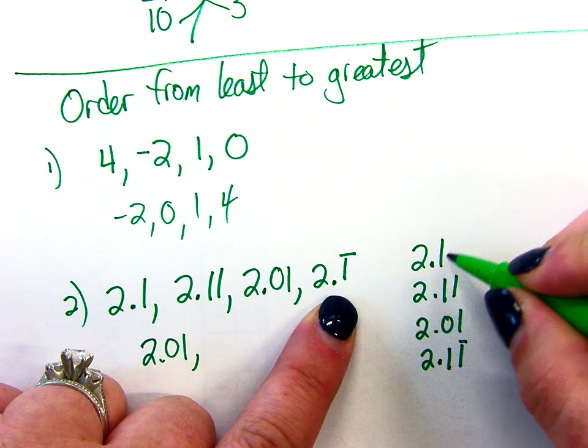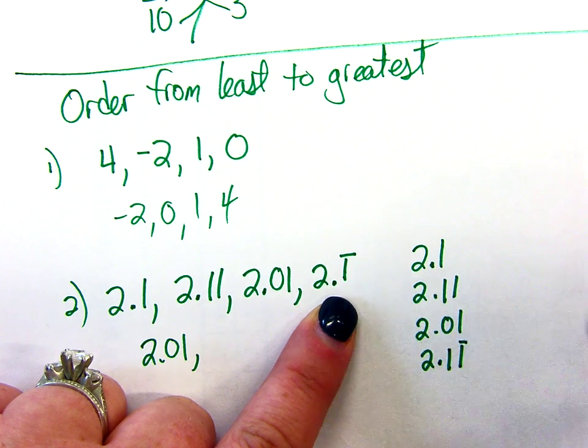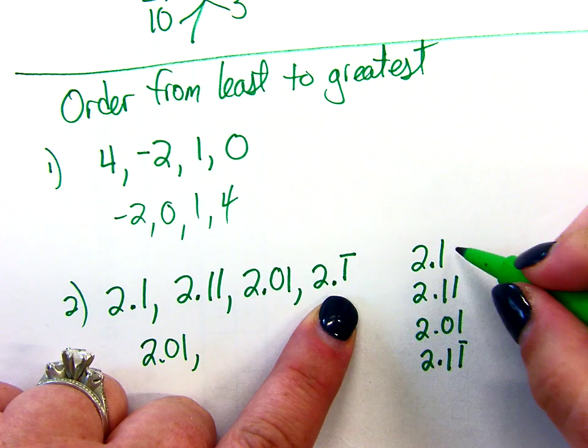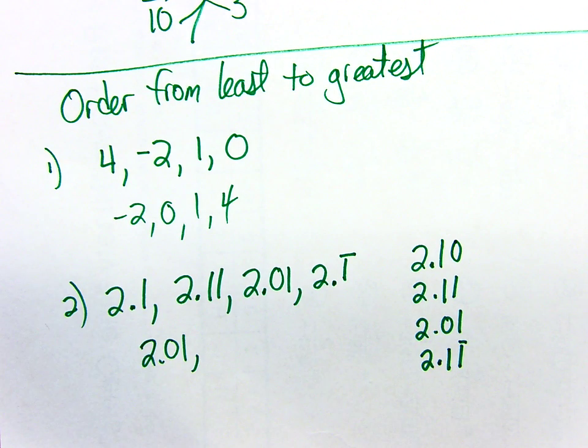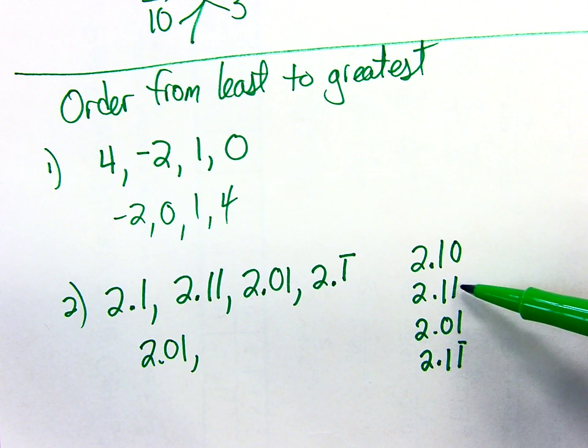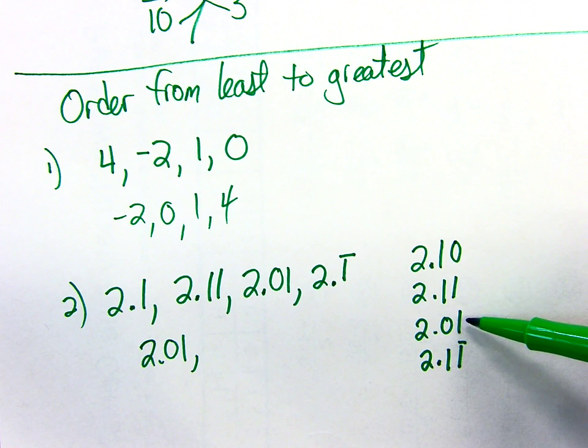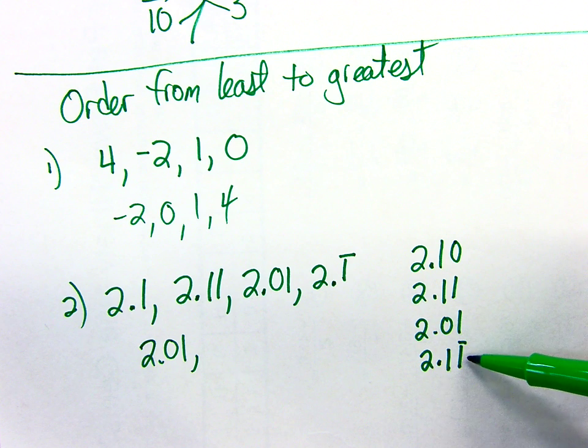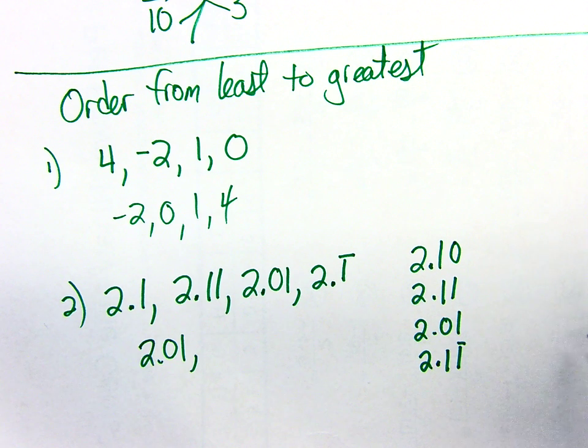So what number would go right there? There's a 0. So now they all at least have the same number of decimals. So it's a little bit easier, and I always think about this as money. So if this was $2.10, $2.11, $2.01, and then this one's a little weird, it's $2.11 and then more than that, right? Because that one's going to keep going forever.